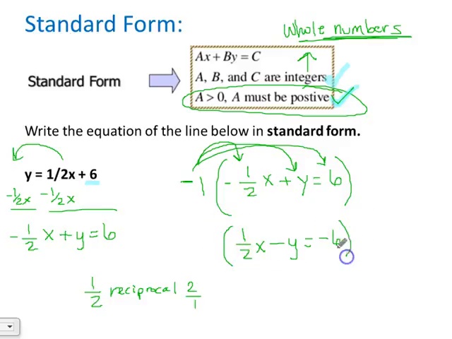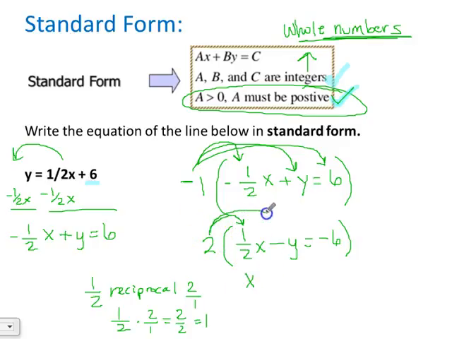So we're going to multiply this entire equation by 2. When we multiply 1/2 times 2/1, we get 2/2, which is actually 1. Anytime we multiply a fraction by its reciprocal, we always get 1. So 2 times 1/2 gives us 1x.